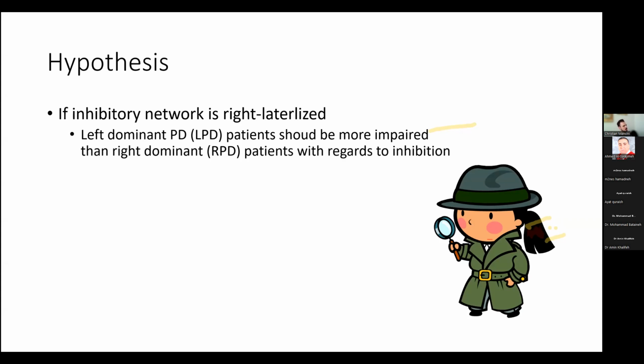So in Parkinson's disease, it happens that you usually start to have your symptoms on the right side or on the left side of your body. For example, it could happen that you start to have your symptoms with your right hand or right leg.